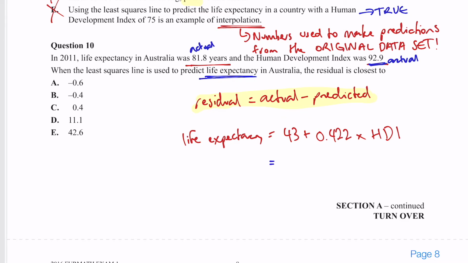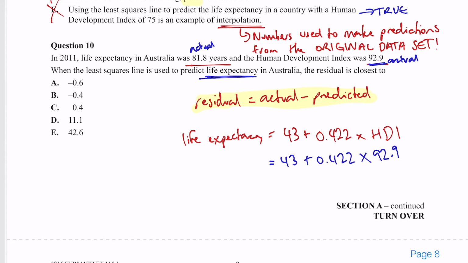So we say 43 plus 0.422 times the HDI, which is 92.9, because we want to predict life expectancy. If it said we want to predict HDI, then we use 81.8 years and we substitute it in here, and then we predict the HDI, but it's asking us to predict life expectancy. So when we want to predict something, we don't substitute a number in there.